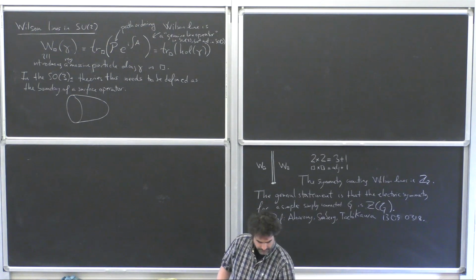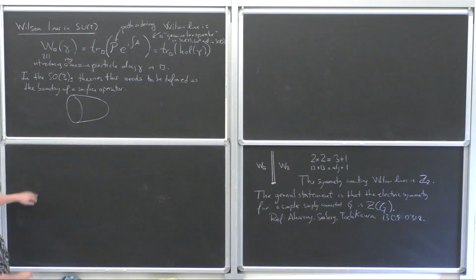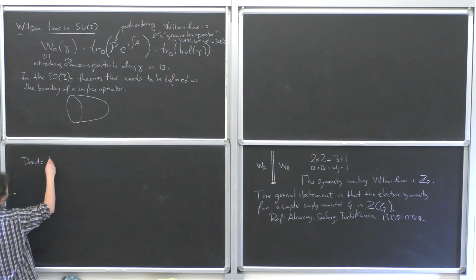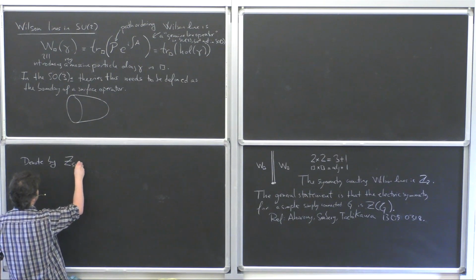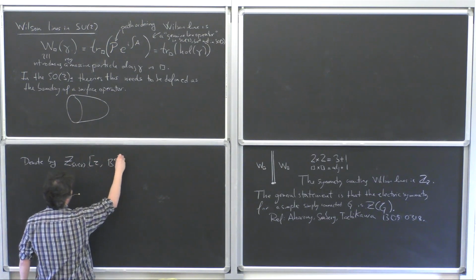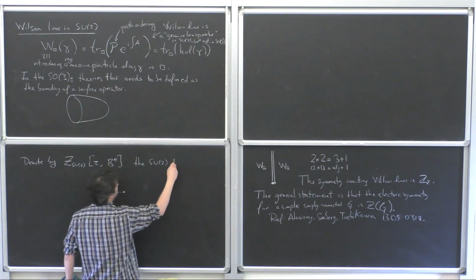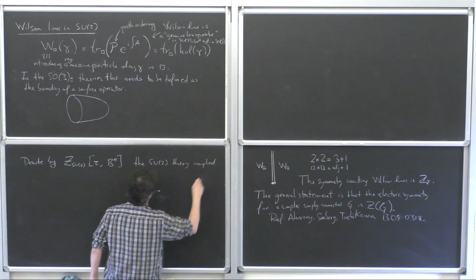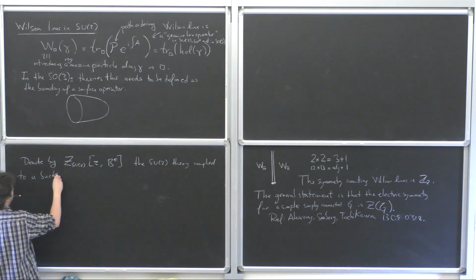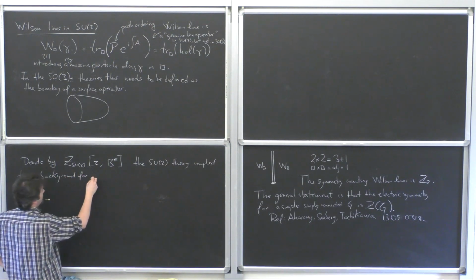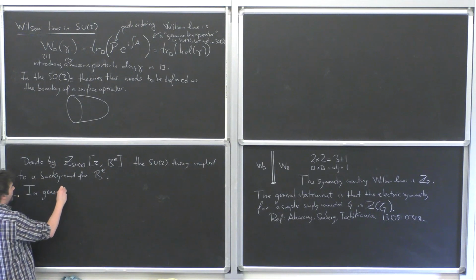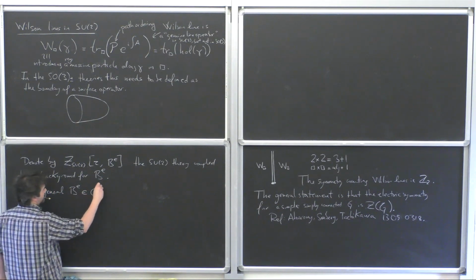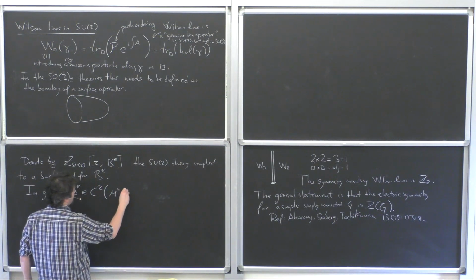Okay, very good. So let's think how we put backgrounds. So let me denote by SU2 tau B the SU2 theory coupled to a background for B. Okay, in general, all we know about B is that it's some cochain of degree 2 in your manifold with coefficients in Z2.